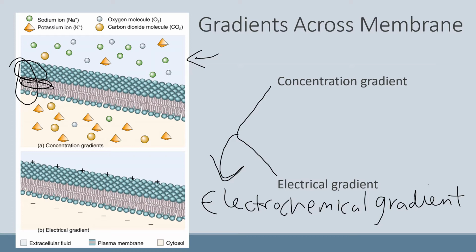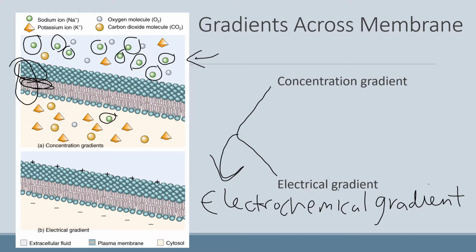For example, these little yellow molecules are sodium in this picture, and you can see that the sodium ions are more plentiful on the outside as compared to the inside. So we have a difference in the number of sodium molecules outside of the cell in comparison to inside the cell, and that would create a concentration gradient.